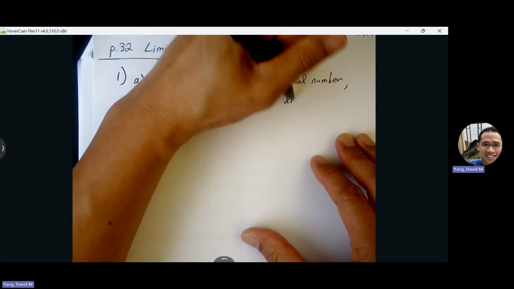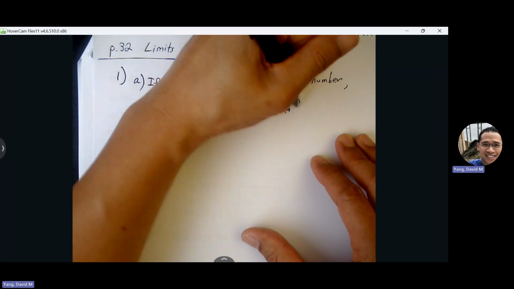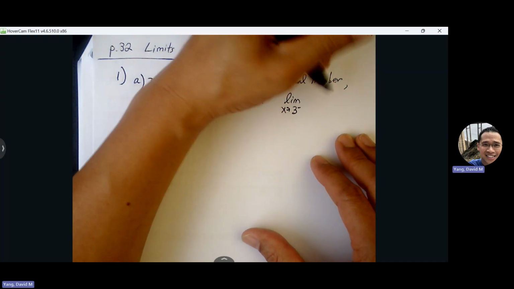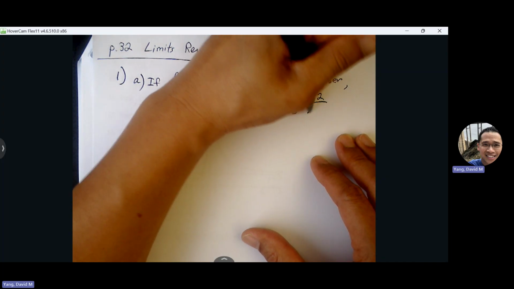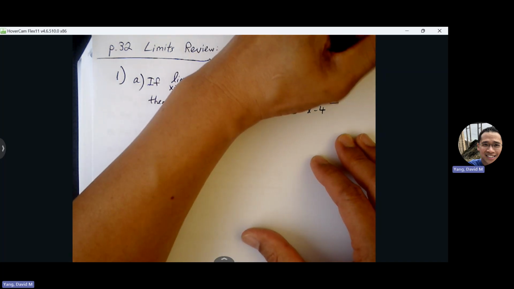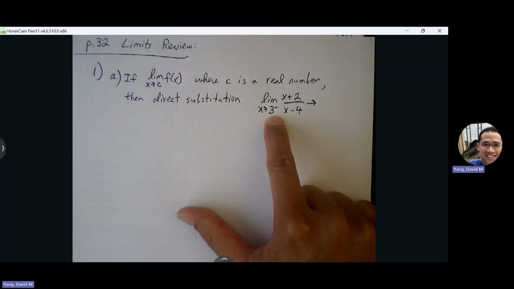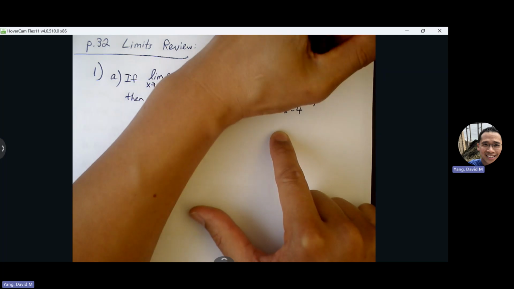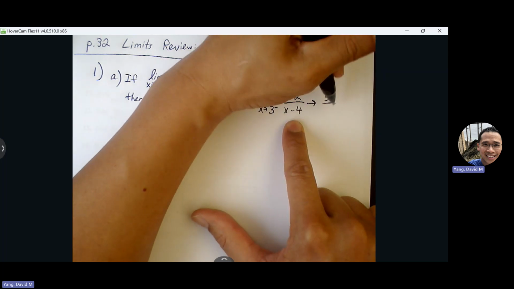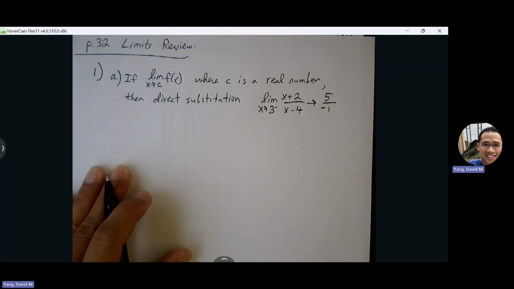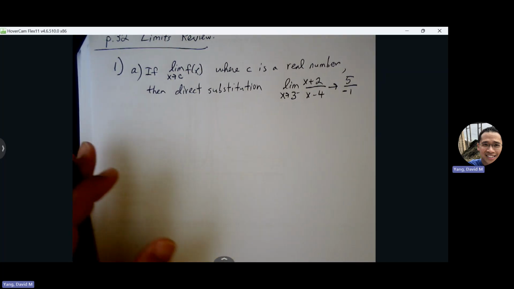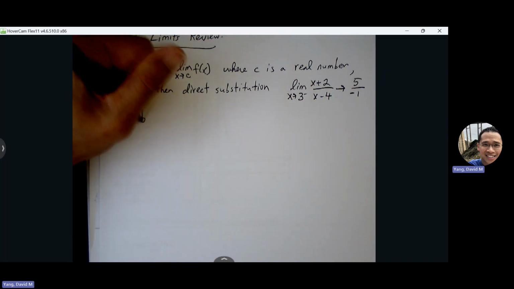So if I have the limit as x approaches 3 from the left of (x plus 2) over (x minus 4), I'm always going to just plug in the integer value, not the decimal. So this will be 5 over -1. That should be your first step. Then after whatever you get after that, you can make your decision and decide what to do next, okay?